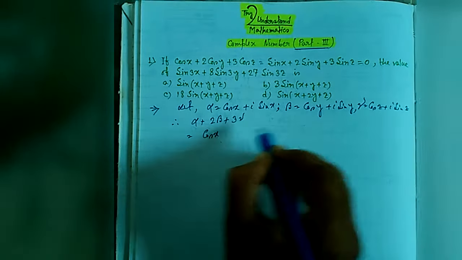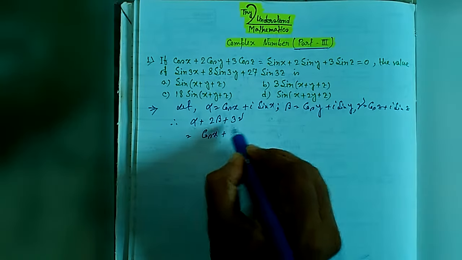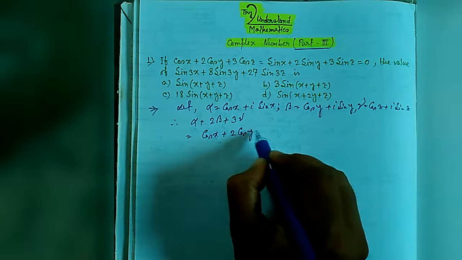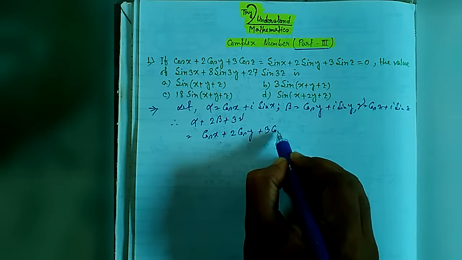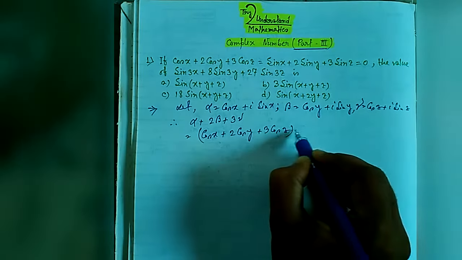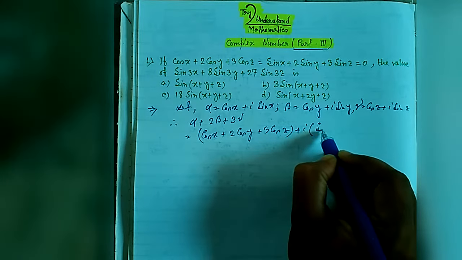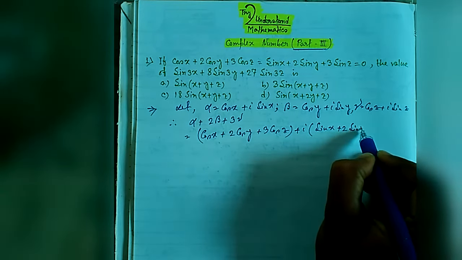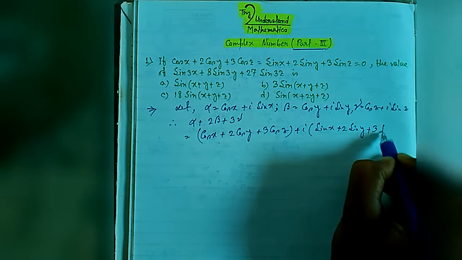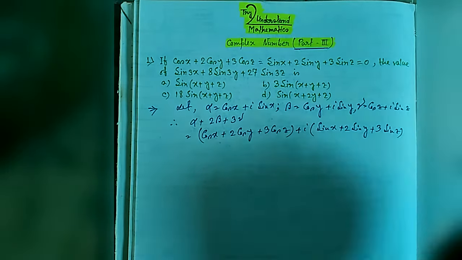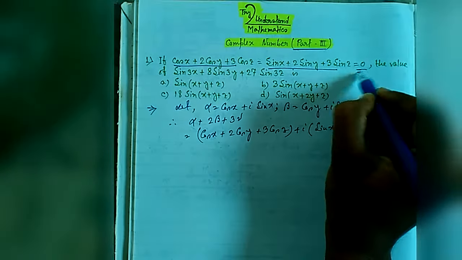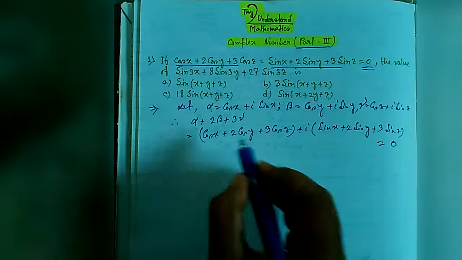Cos x plus 2 cos y plus 3 cos z plus i times sin x plus 2 sin y plus 3 sin z. This value is equal to 0. So this will be 0.